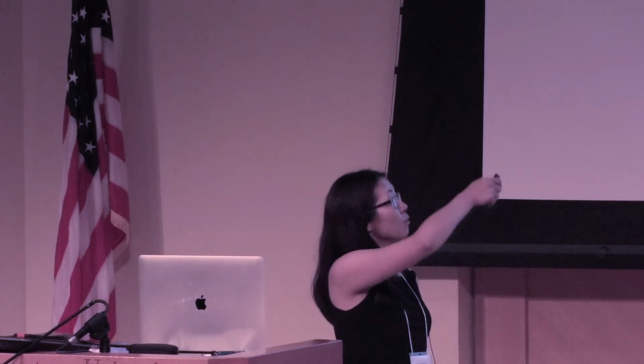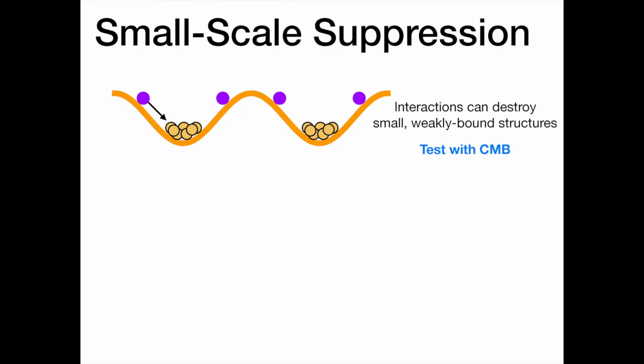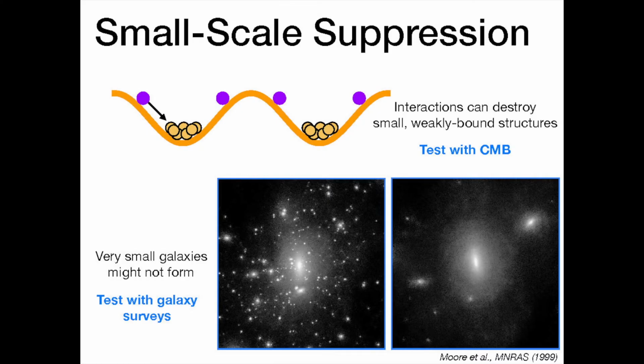So we have this small-scale suppression that we were able to test with the CMB, but this is going to have an effect on the galaxies that are able to form at later times. Here's a simulation of lambda CDM. Here's a larger galaxy, a larger dark matter halo, and a bunch of substructure that you see. If you just put in a very generic small-scale suppression, you see that a lot of that structure goes away.